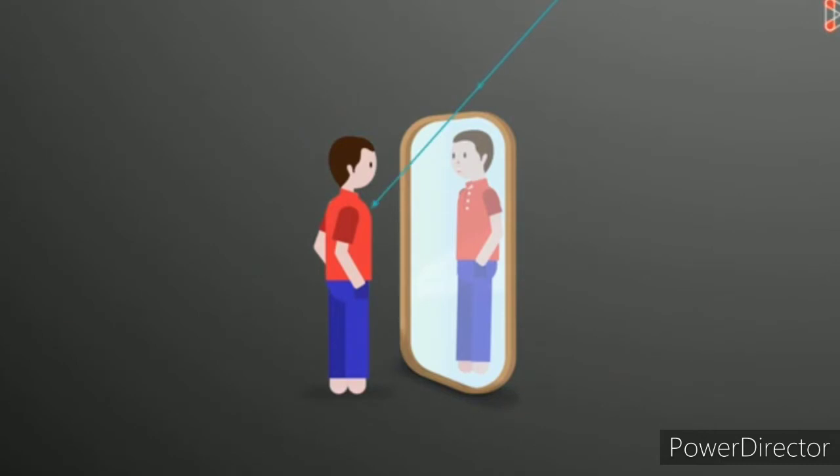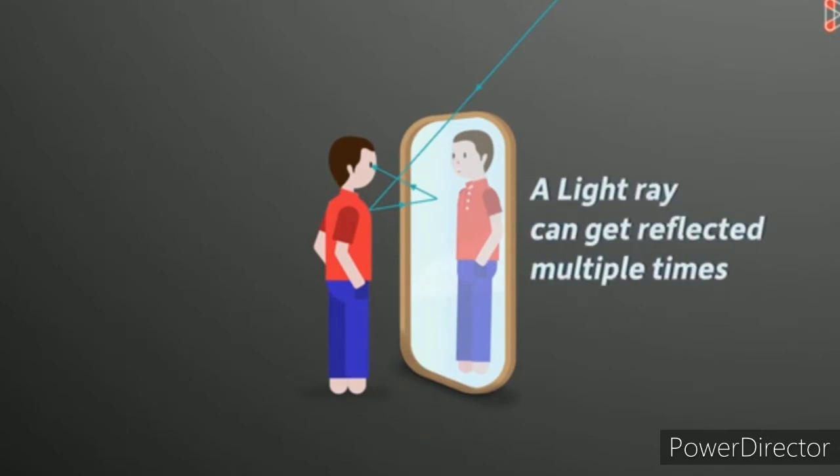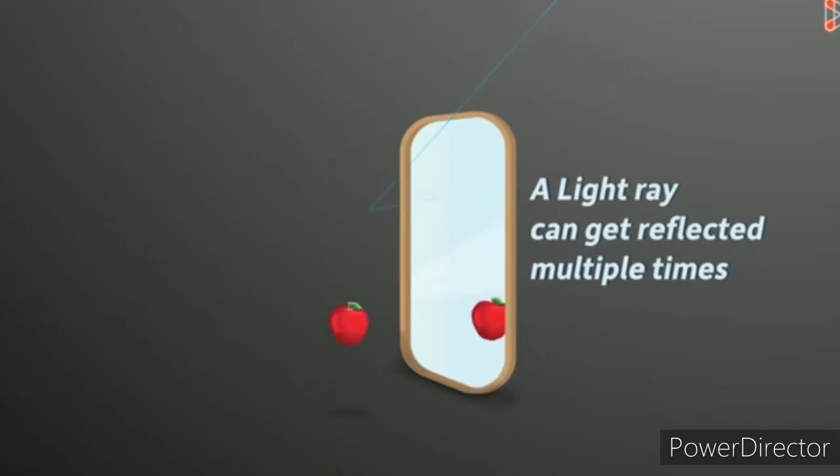How? The light rays from the source are first incident on our body. They bounce off our body and fall on the surface of the mirror and again get reflected. This reflected light then reaches our eye and we see our image.